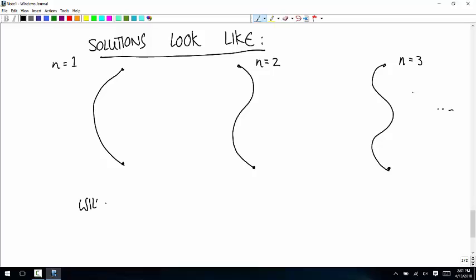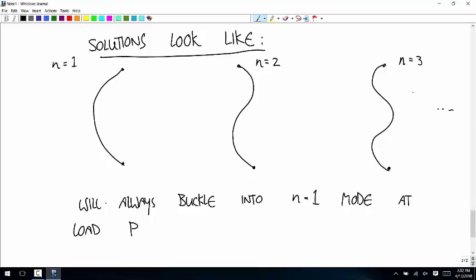So it will always buckle into the n equals 1 mode at a load P that's below where these other ones are even solutions. Where the higher n's are solutions.